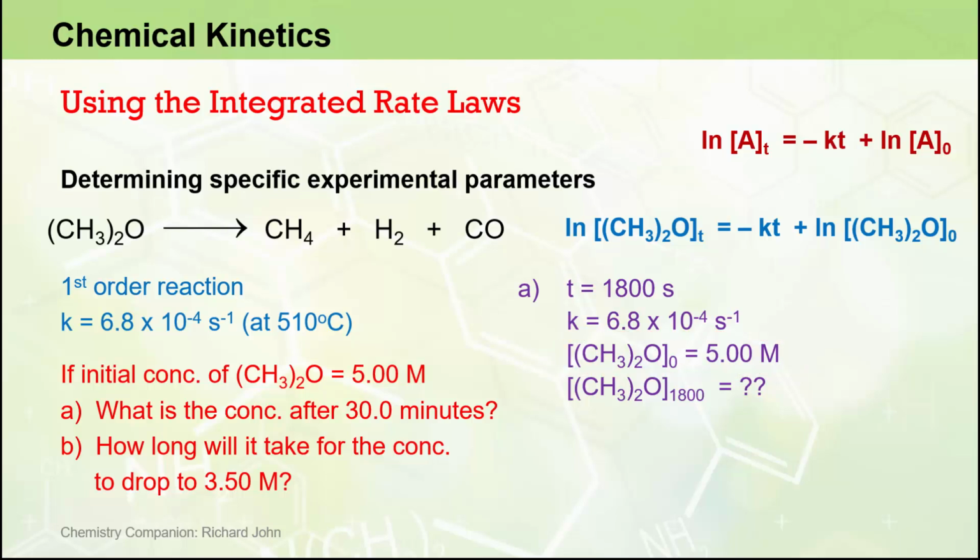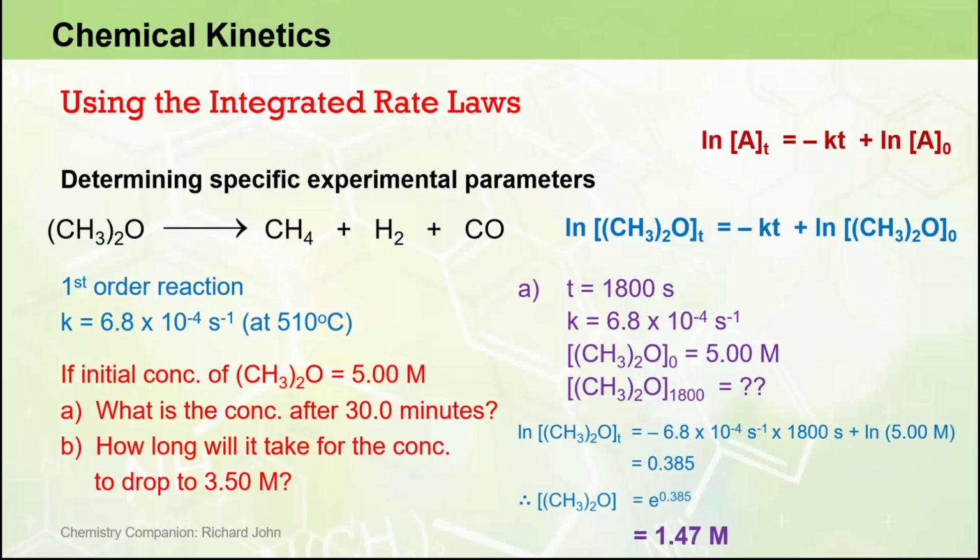The initial reactant concentration is 5.00 molar, and the concentration of the reactant after 1800 seconds is the quantity we've been asked to calculate. Substituting these values into the equation above, we get this equation here where we see that the natural log of the dimethyl ether concentration is 0.385.